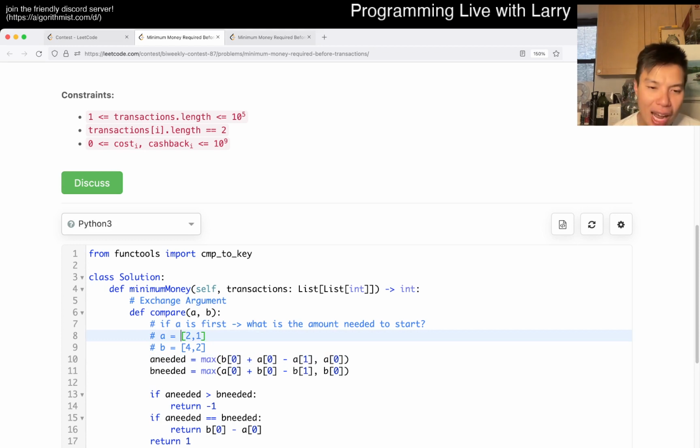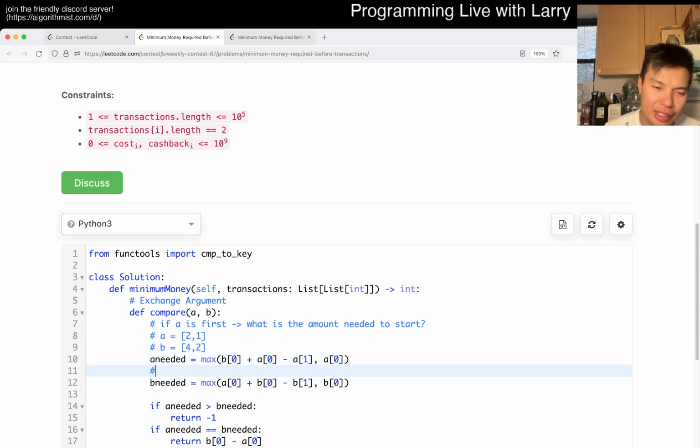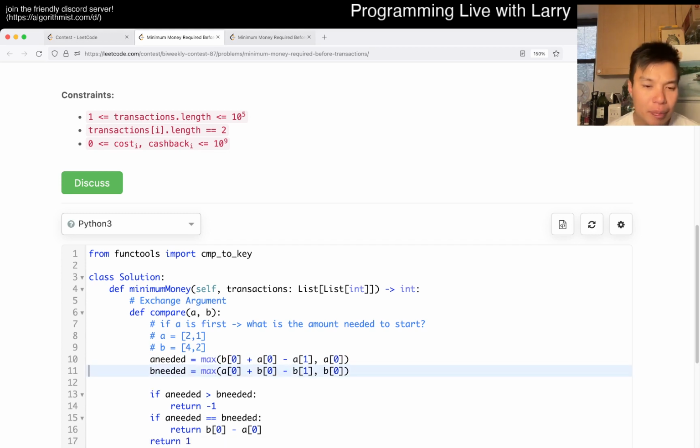Because if you start with 5, then after this transaction it will be 4, and then you get this to be done. And then the other case is if B is first, then you only need to start with 4, right? So in this way, I go, okay, B needed is 4 if B is first, and 5 if A is first. So then let's put A first. That's the idea. So that's how I get this part of the formula.